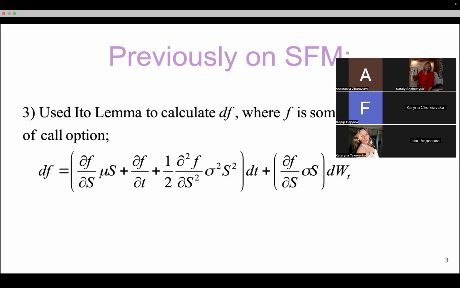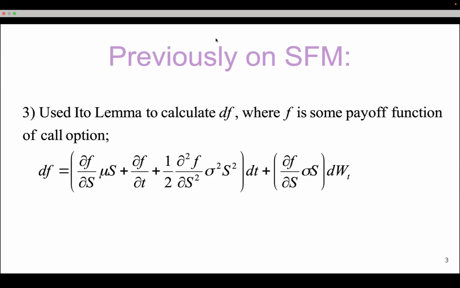No, yes. Okay, Fedor. About the payoff function, yes. It's the maximum between 0 and the price of the asset minus strike. That's all. Okay. Like S at time t minus K.